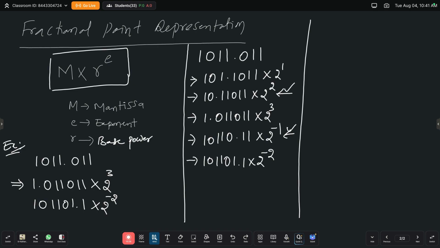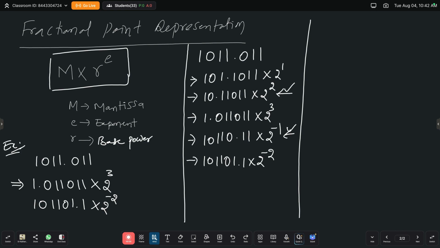That is, before the decimal point, the decimal point moves to the left side from the right side. The decimal point must move from the right side to the left side. Yes or no?